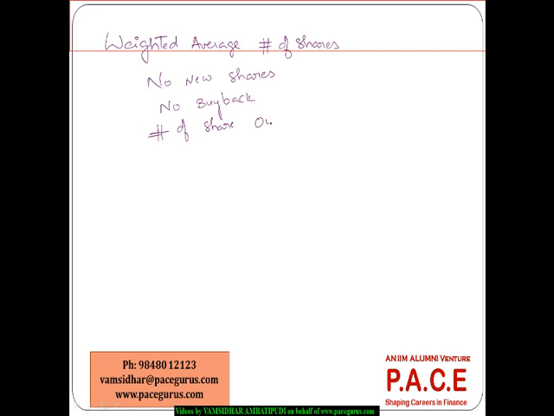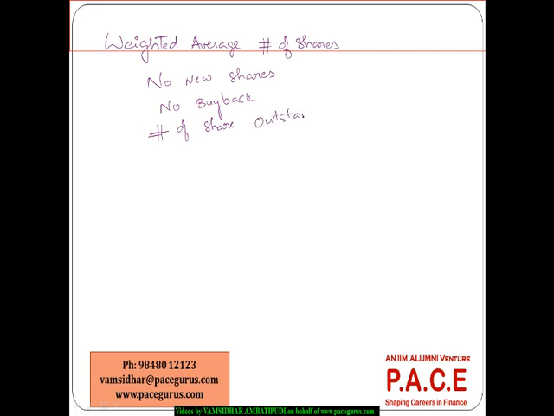First important thing is the computation of the weighted average number of shares, the denominator. If no new shares are issued during the year, and no buybacks happen during the year, then the computation of the weighted average number of shares outstanding is straightforward.